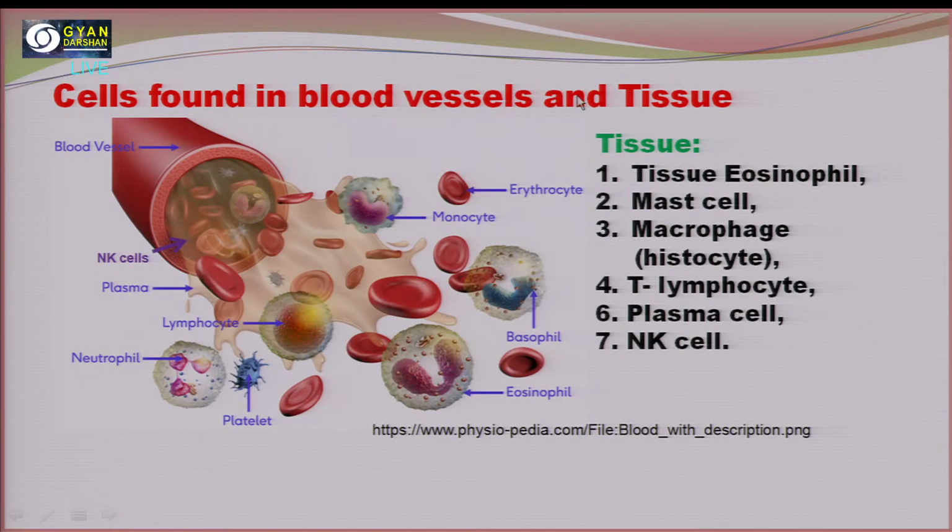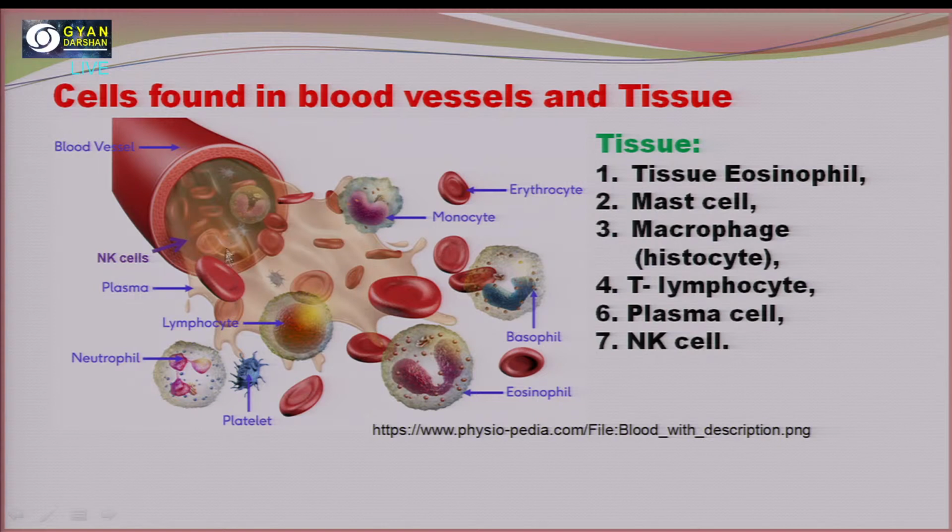Cells found in the blood vessels and tissues. You can see here the blood vessels, like arteries or veins. In the blood vessels, a number of cells flow from the heart to the various parts of the body or tissues.